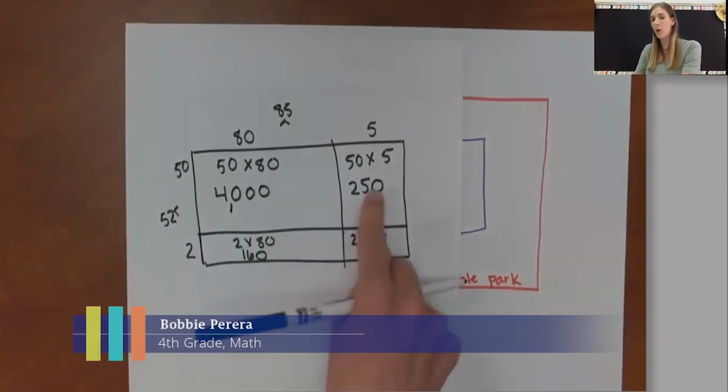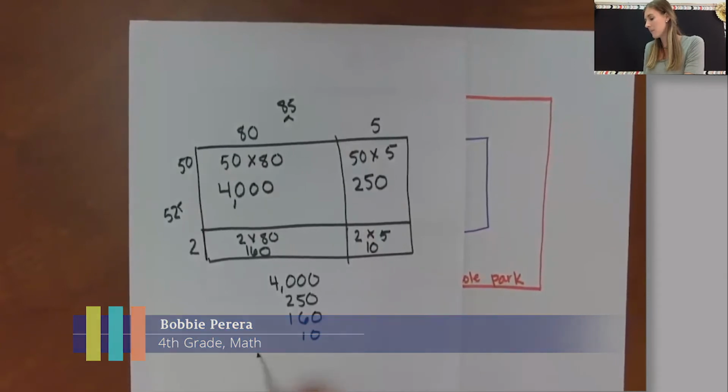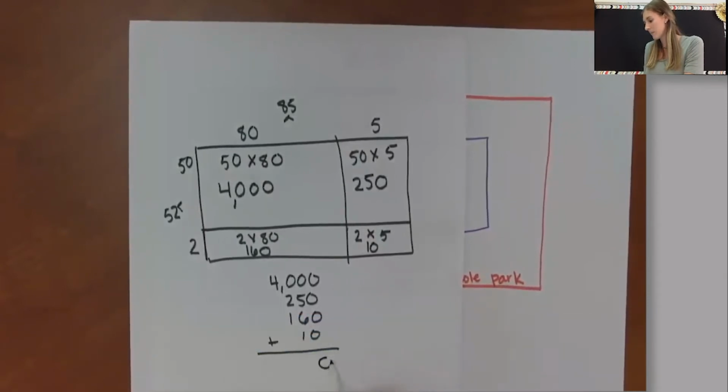Then we can add our partial products together to figure out what is the area of the entire park. And you should have gotten 4,420. Great job.